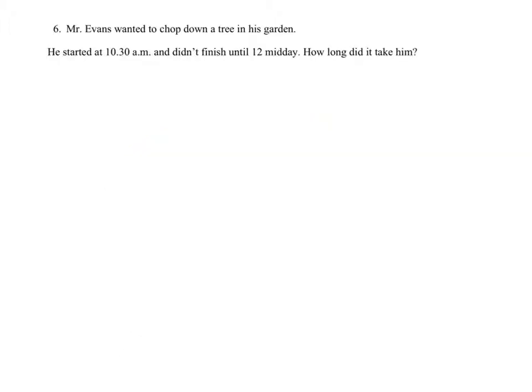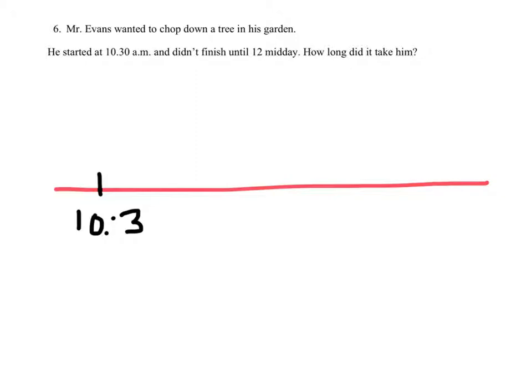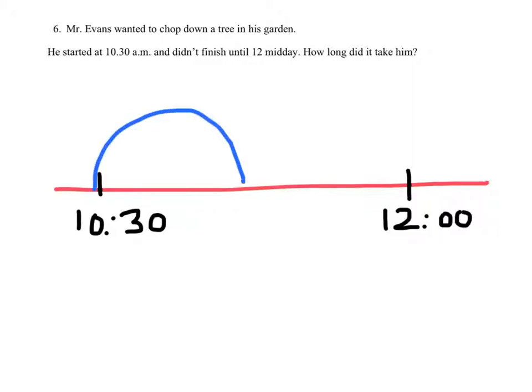And our final slide today: Mr. Evans wants to chop down a tree in his garden. He starts at 10:30 and he didn't finish until 12 midday, so that would be 12 o'clock. We need to know how long this took him, so starting by adding on half an hour or 30 minutes to get to 11 o'clock.